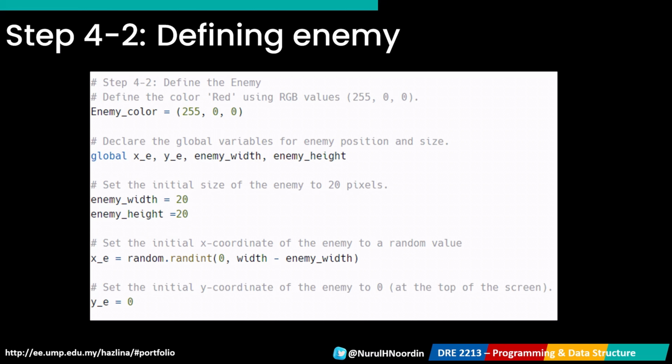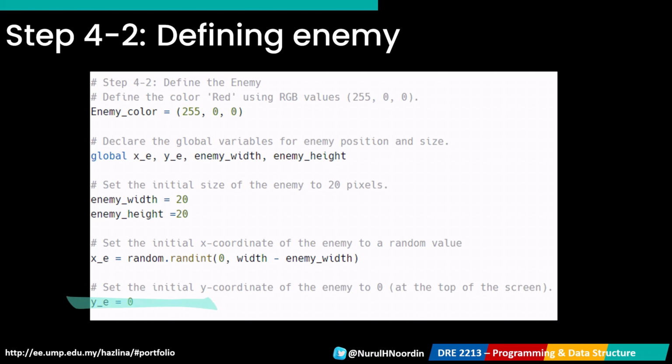Now, let's talk about the enemy's position. We use random.randint(0, width minus enemy_width) to set up the initial x coordinate. This places the enemy randomly within the game width, ensuring it doesn't go beyond the screen. Finally, we set the initial y coordinate of the enemy to 0.